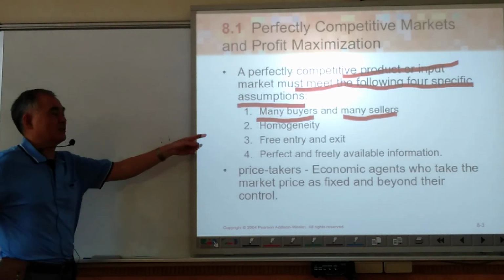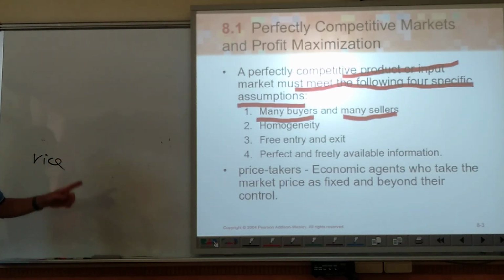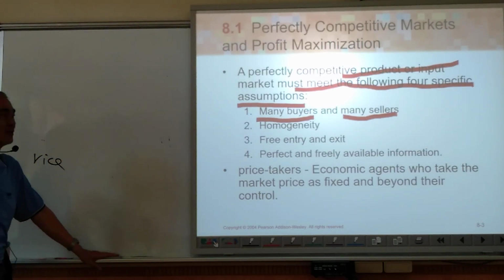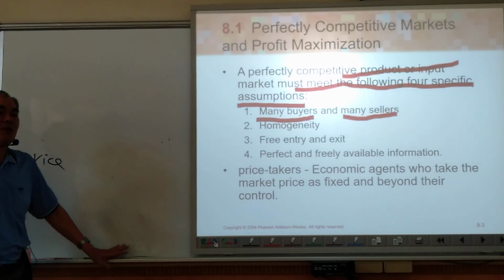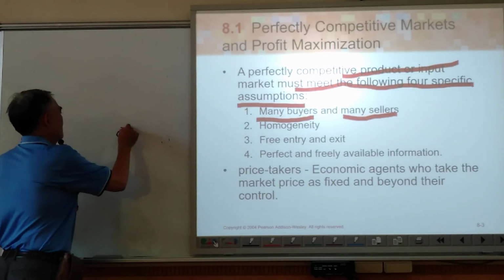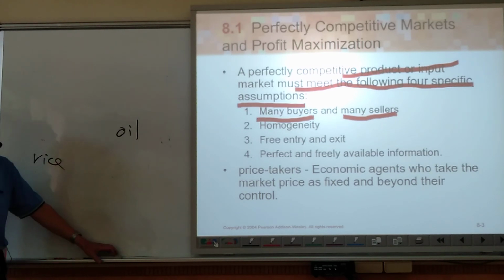So it has to be homogeneity. Homogeneous, okay? The adjective is homogeneous. And you have many buyers, many sellers. What about oil? Hong Kai-Xuan, is oil a perfectly competitive market? No. Why not? Not many sellers.